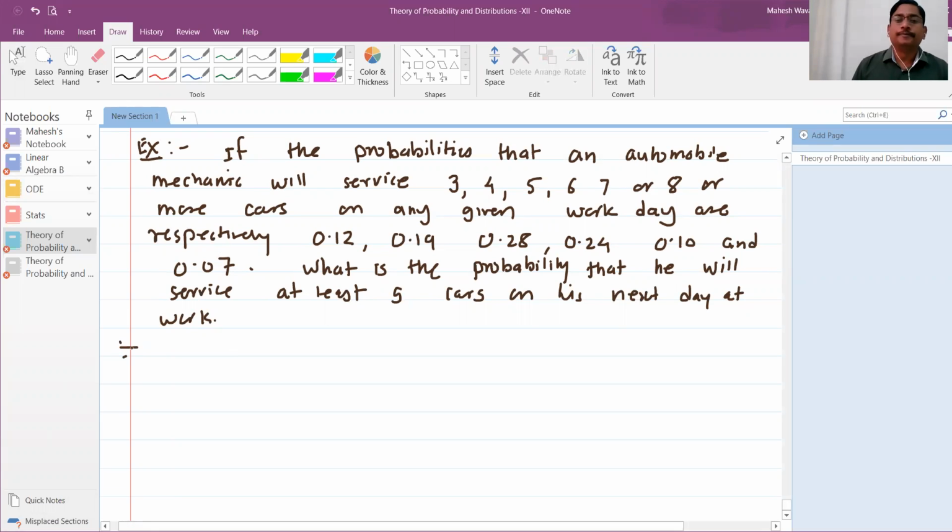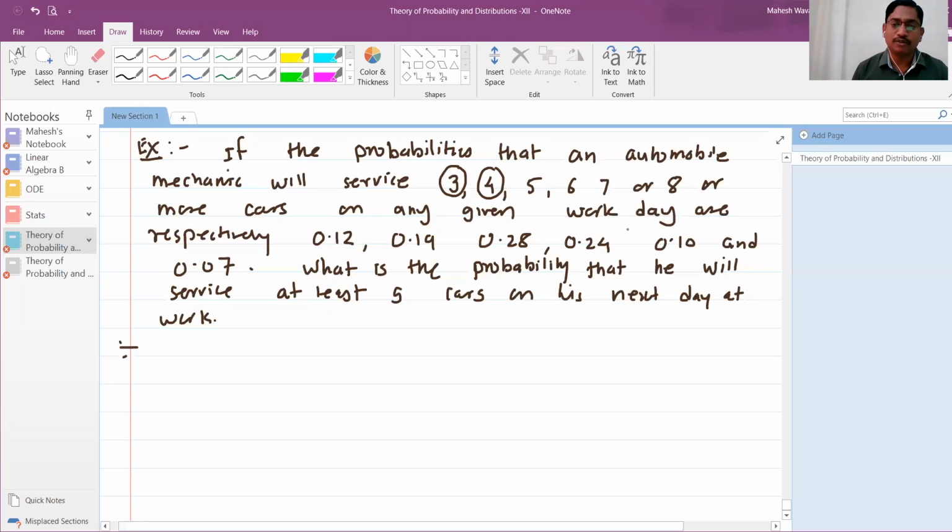If the probability that the automobile mechanic will service 3 cars on a particular working day is 0.12, servicing of 4 cars has probability 0.19, servicing of 5 cars has probability 0.28, servicing of 6 cars has probability 0.24, servicing 7 cars has probability 0.10, and servicing 8 or more cars has probability 0.07.